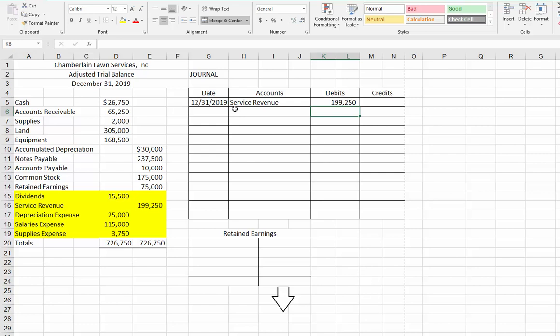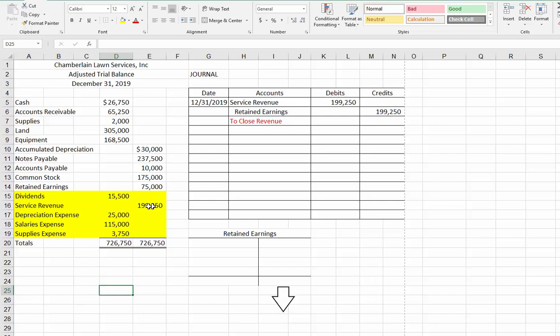Hopefully you learned that right at the very beginning of your accounting. So our revenue is going to be closed into retained earnings. So this is to close revenue.